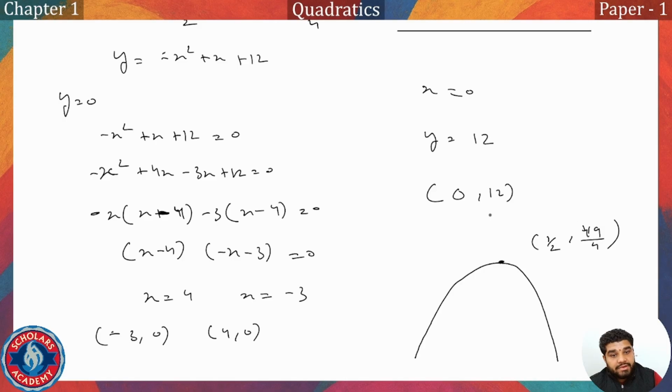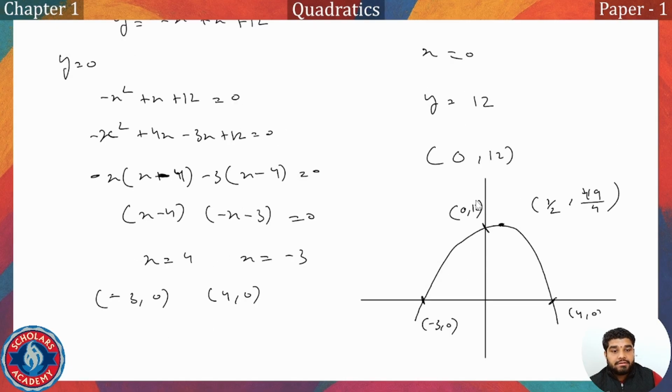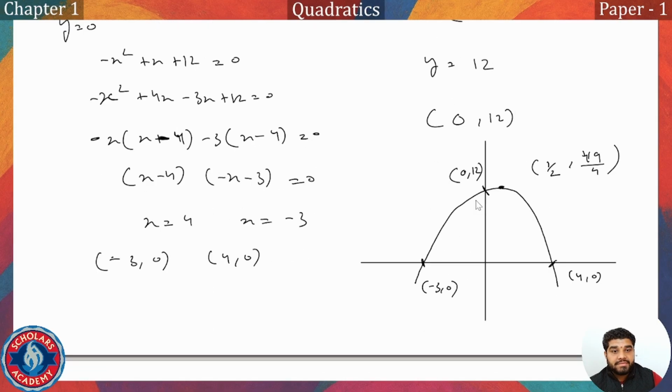And intersecting points with the x-axis are negative 3 comma 0 and this is 4 comma 0, right? And for the intersecting point with the y-axis, we draw it like this. It is 0 comma 12, right? This curve is upwards. All right, I hope it is clear. I hope there is no doubt.